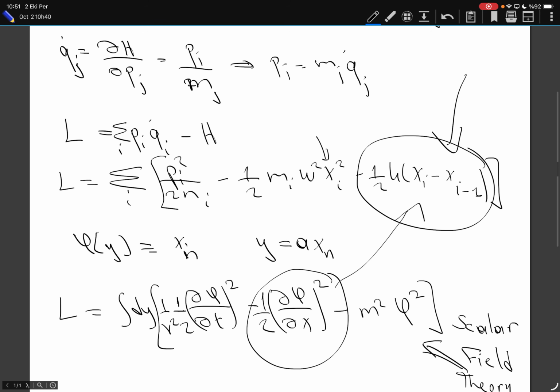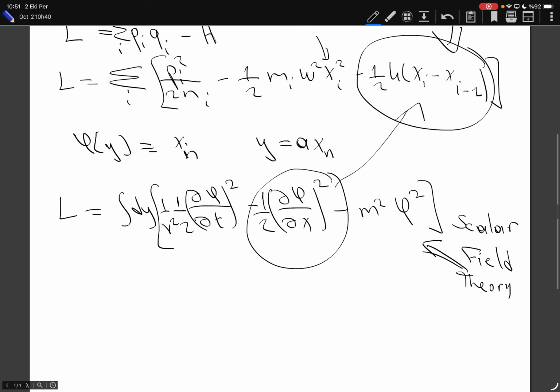So the electric field, well, let me say the vector potential, the vector field, not the electric field itself. We have the scalar field and the vector potential describing the electromagnetic field. For example, that is a vector field. This is a scalar field we will look at. Let me be even more precise. This is a real scalar field.